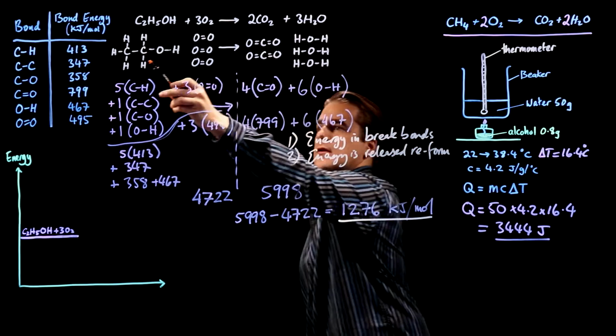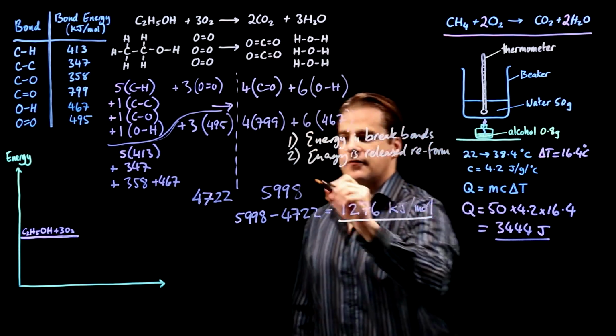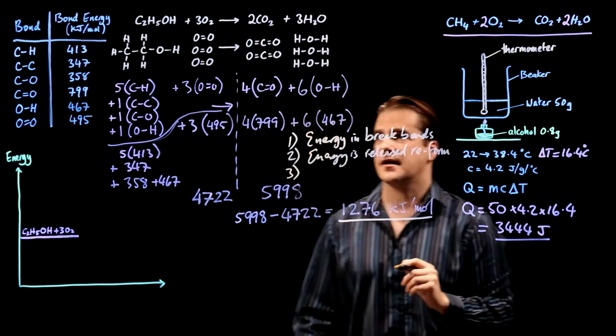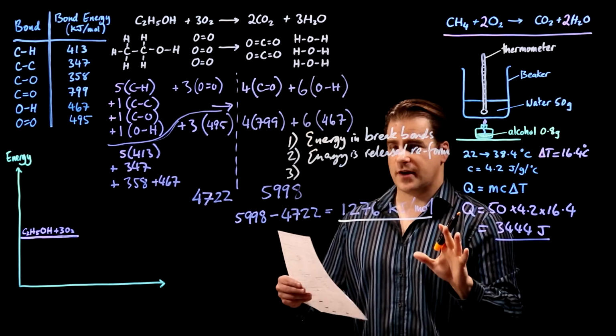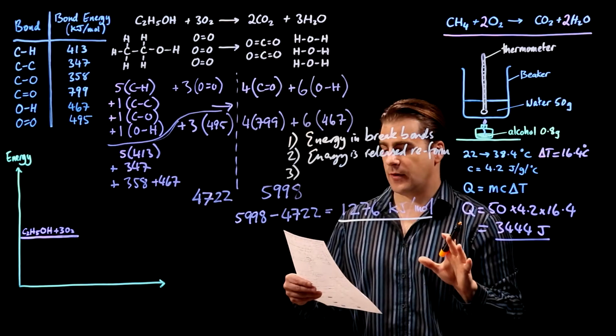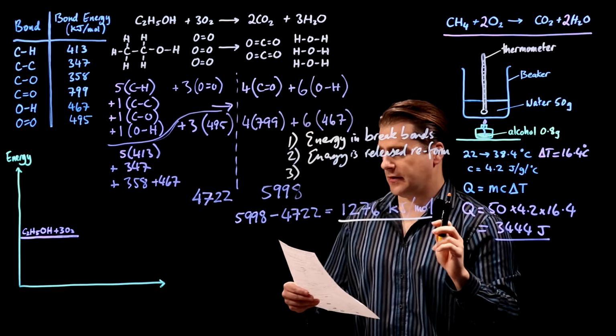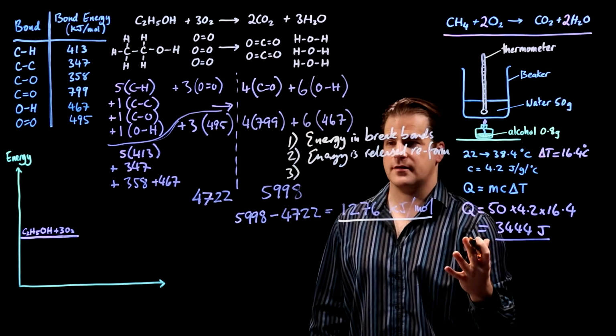So all these bonds are broken and they're reformed on this side. And finally, just to get it right, when more energy is released when bonds reform than when they're broken, overall energy is released, so it's exothermic.